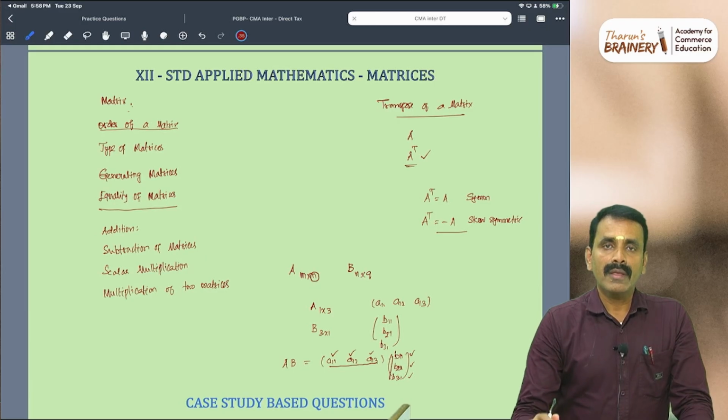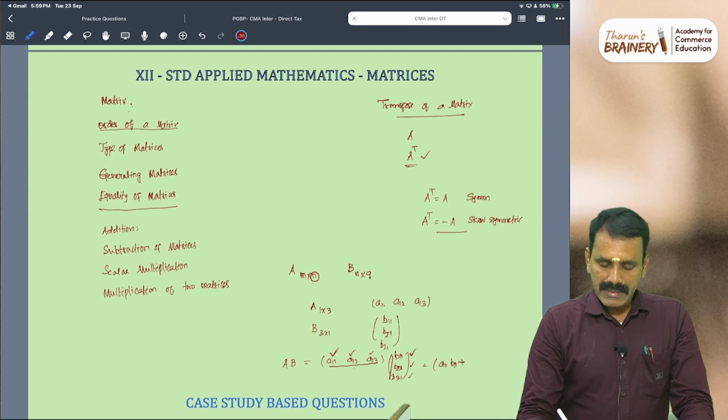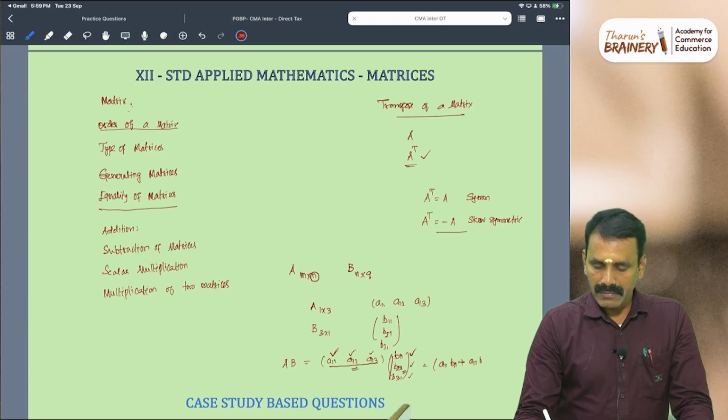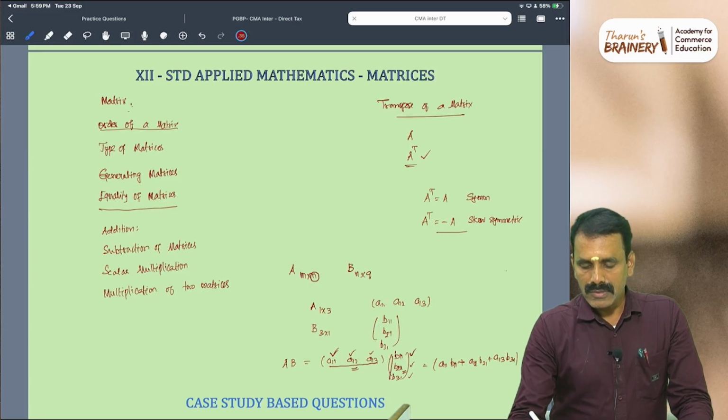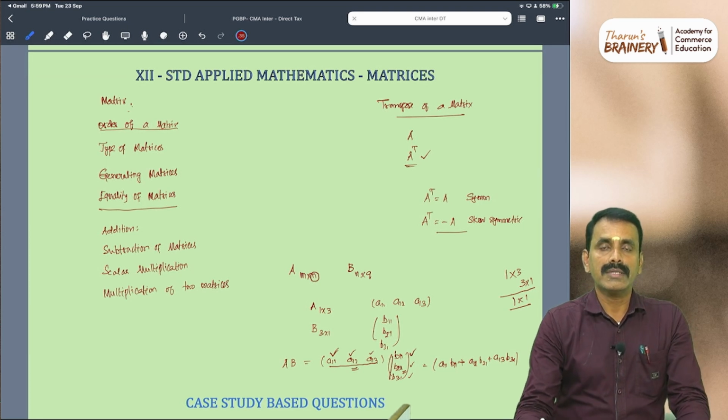So, we multiply the first element with the first element, A11 multiplied with B11, plus the second element multiplied with the second element, A12 multiplied with B21, then A13 multiplied with B31. So, a 1 row 3 column matrix is multiplied with the 3 row 1 column matrix. So, the resultant matrix will have only one element. Is it clear?